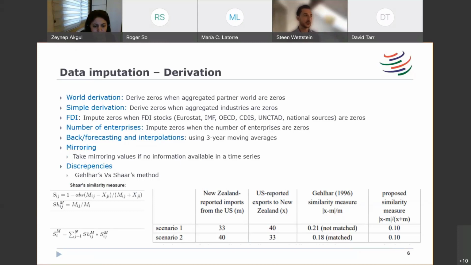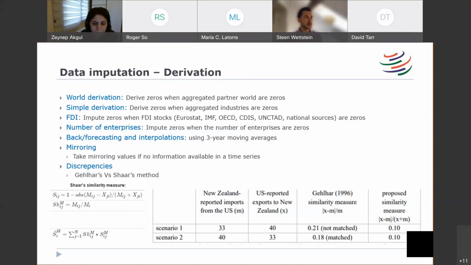For instance, whenever we have reported data at the aggregated level, for example, with partner world, so the two-dimensional level is reported with zeros, we can actually create new entries country to country and fill them with zeros. Same with aggregated industries. Whenever there are zeros, we can just fill some sub-industries with zeros.